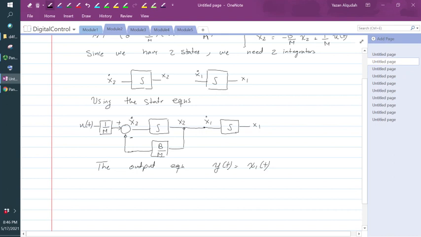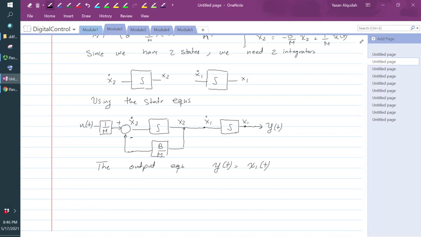So therefore, I can just come to my representation here, and I'm going to write this x1 here because it's the output of the integrator, and I'm just going to have the output y of t be here. The output of this integrator is x1, and that is my output y of t.